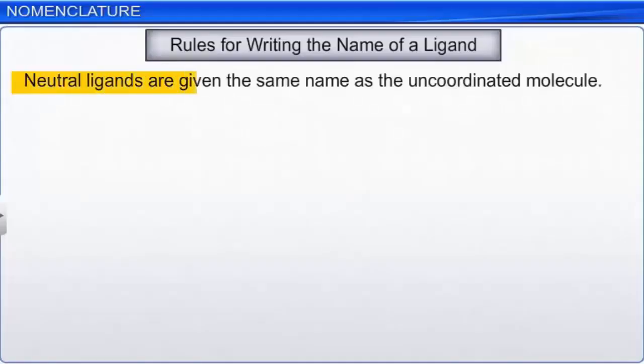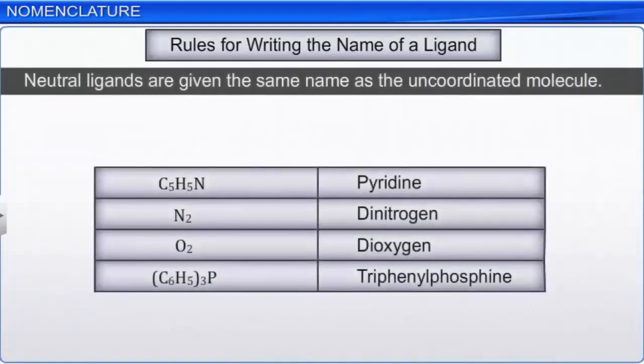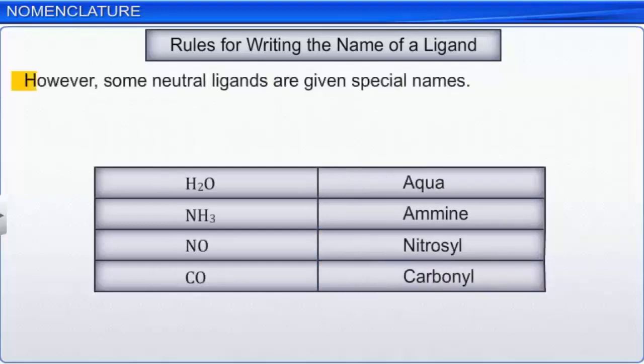Neutral ligands are given the same name as the uncoordinated molecule. For example, pyridine, dinitrogen, dioxygen, and triphenylphosphine. However, some neutral ligands are given special names.